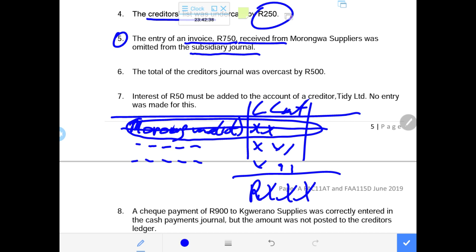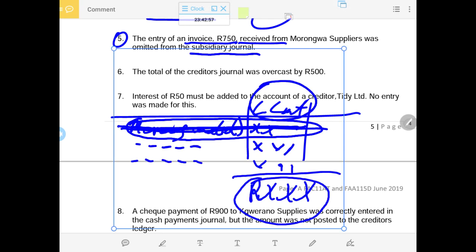It's missing in the subsidiary journal, meaning there is no record of that specific creditor in the subsidiary journal. And if it's missing in here, obviously under the creditors control column it will also be missing.